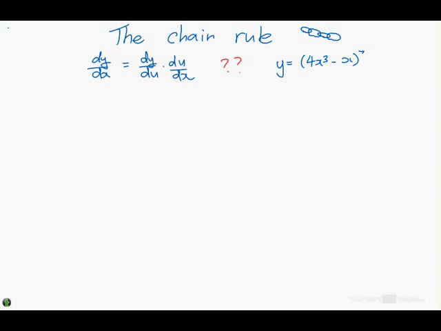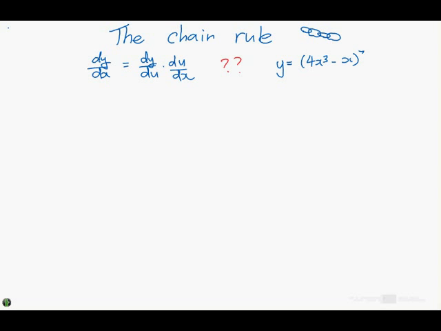What's going to happen? The chain rule says, well, if you can find dy dx straight up, good for you, go for it. But if not, you can actually take a chunk of y and call it u, and then you differentiate two functions, hopefully two simpler functions, and then you put them together.